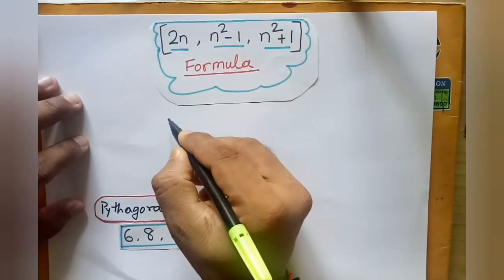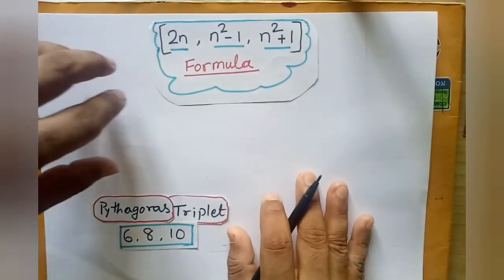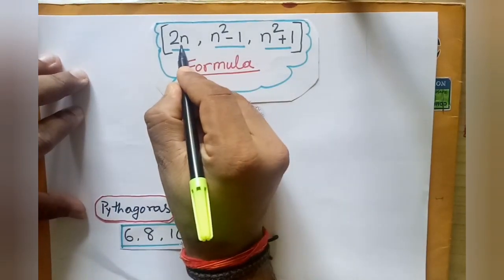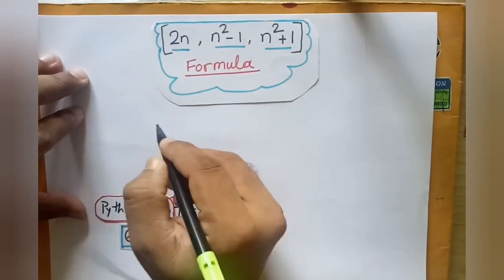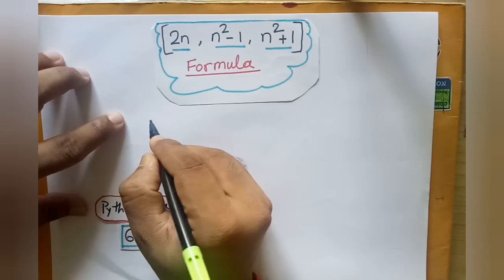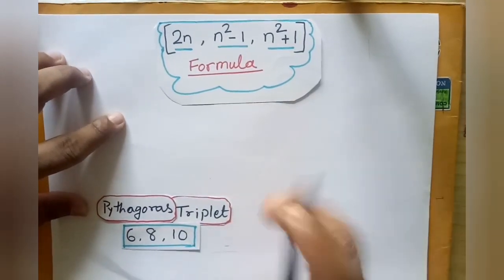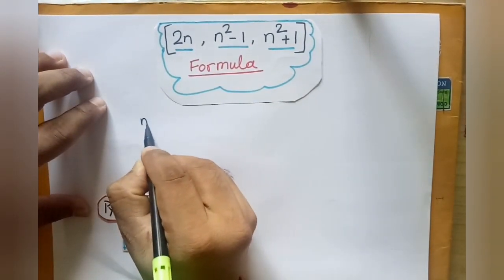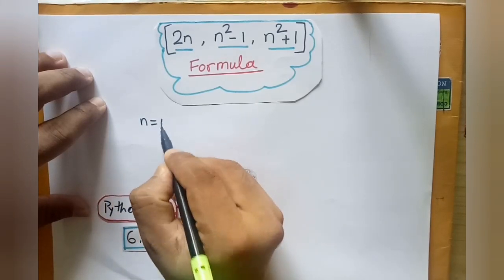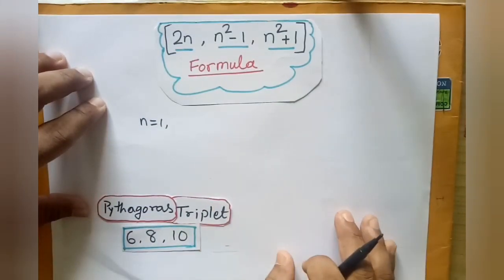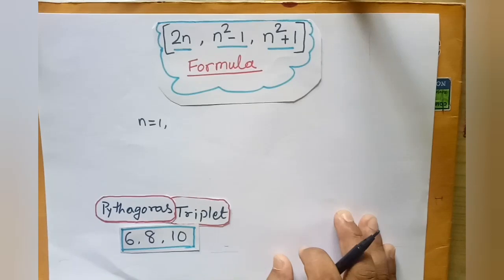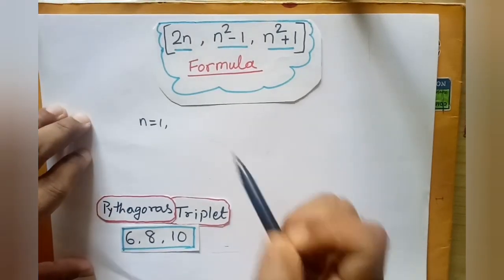Suppose I take n, because n is a variable here, so we'll take n as a number. So n is equal to 1. If you take n equal to 1, it's not a good option. Why?